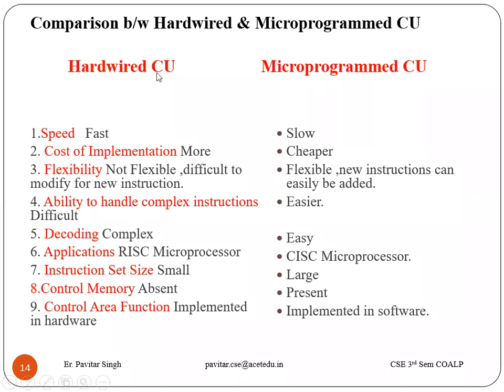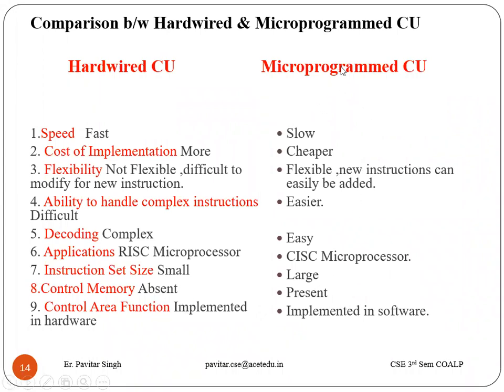Applications: the application of hardwired CU is the RISC microprocessor. We will be covering RISC and CISC microprocessors in the next chapter. The application of microprogrammed CU is the CISC microprocessor. Instruction set size is small for hardwired and large for microprogrammed CU. In hardwired CU there is no concept of control memory, which is why we have written absent.